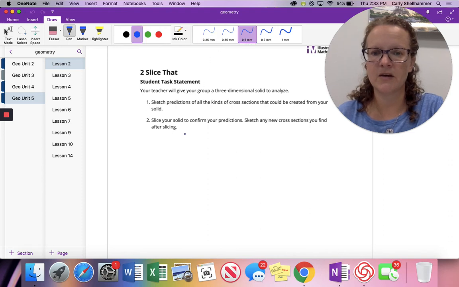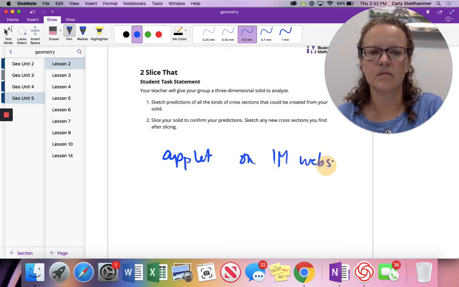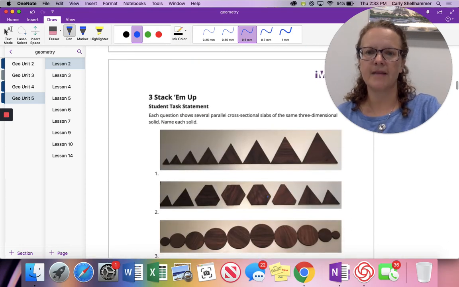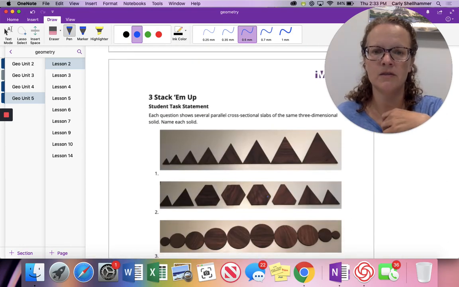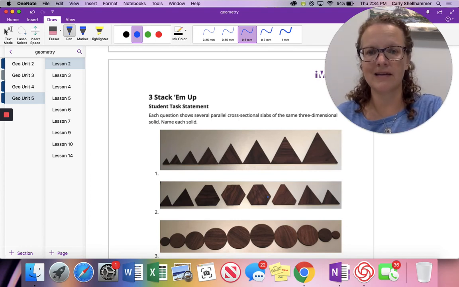So this right here would be the applet on the IM website. So here we have Stack 'Em Up. Each question shows several parallel cross-section slabs of the same 3-dimensional solid. Name each solid.